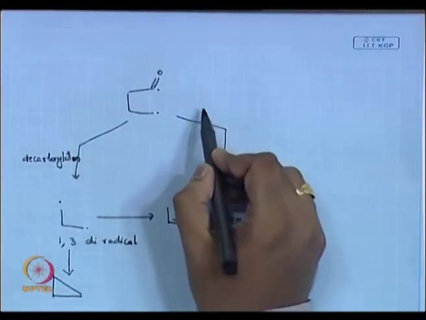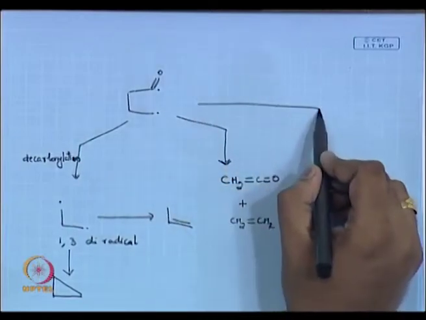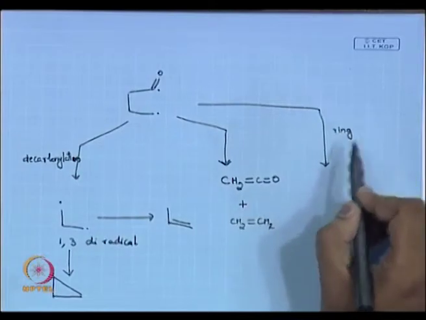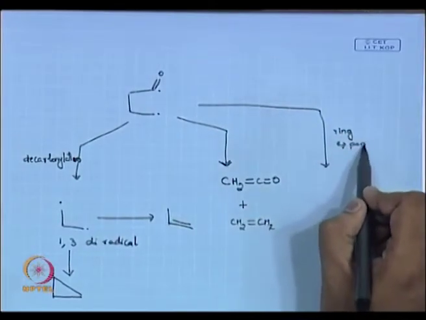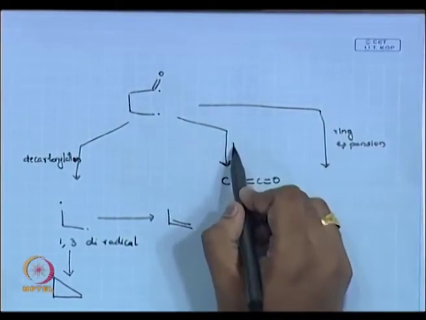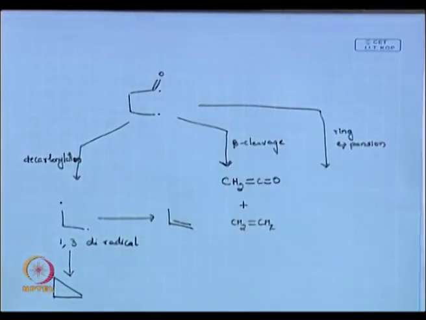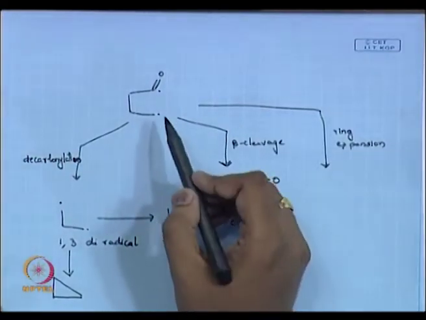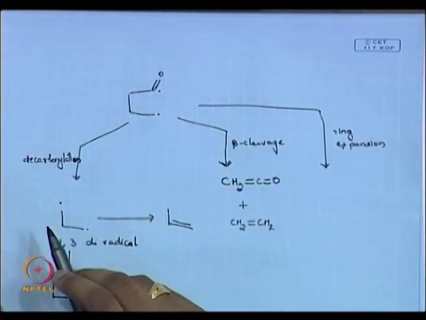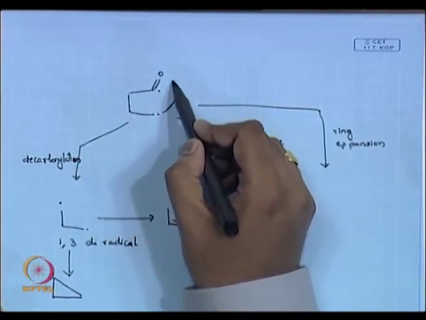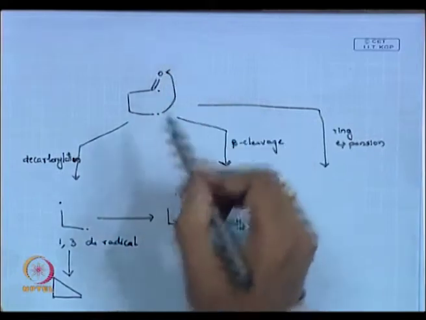Another interesting thing this does is ring expansion. This is beta cleavage. This is ring expansion. It can take this radical, okay.